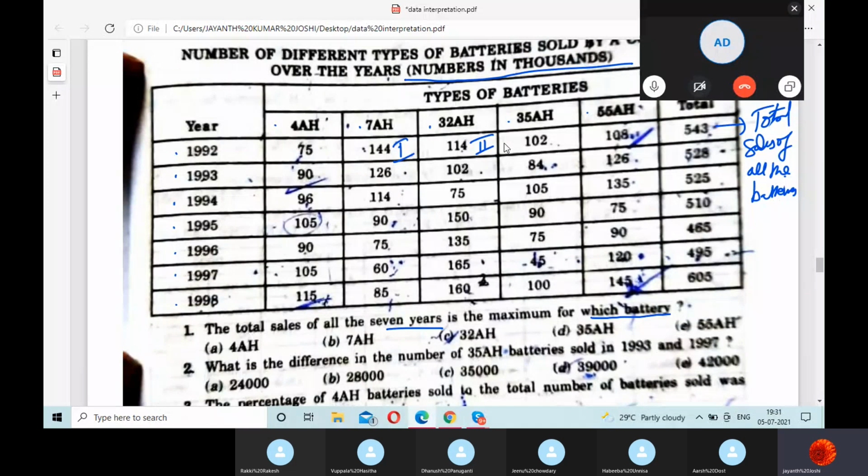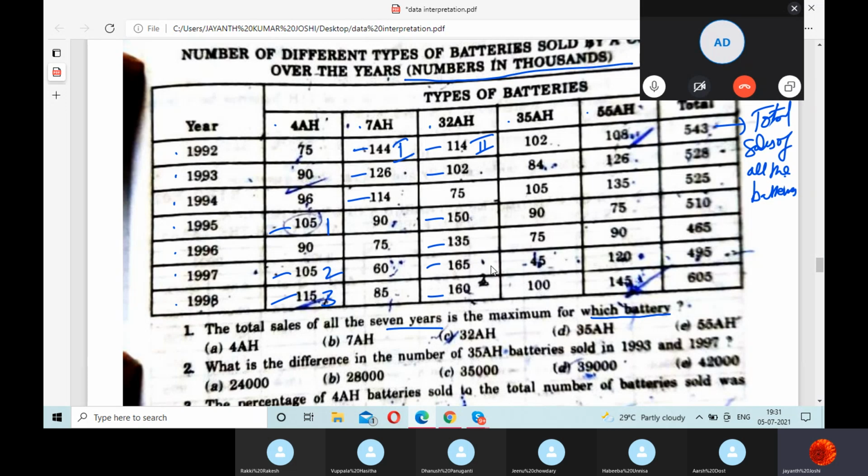Yes, sir. Then secondly, you should see the biggest number of figures. Here how many figures are there with hundreds? 1, 2, 3. Here, 1, 2, 3. Here, 1, 2, 3, 4, 5, 6.